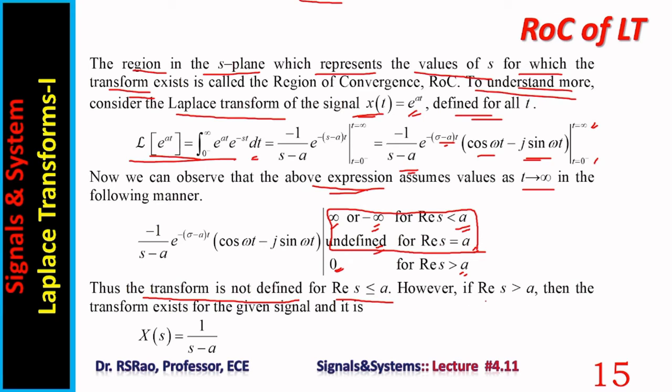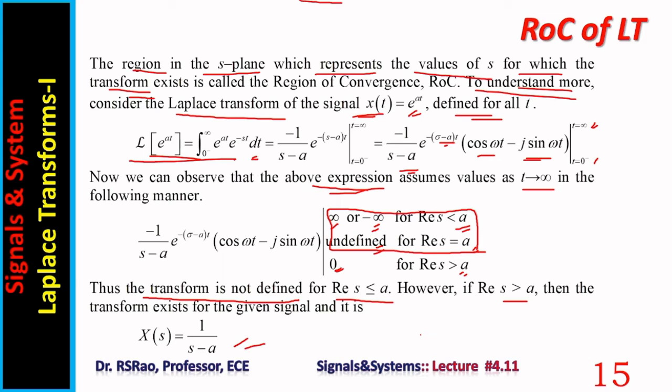However, we can notice when real s is more than a, the transform exists and it is equal to 1 by s minus a. So we can conclude with this understanding that only for certain values of s, the transform exists.